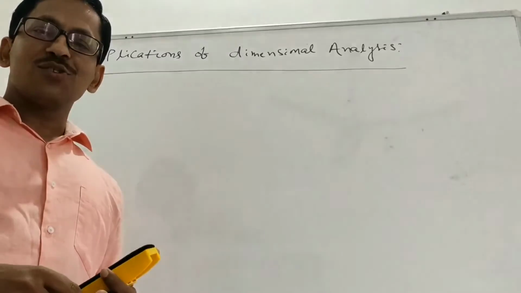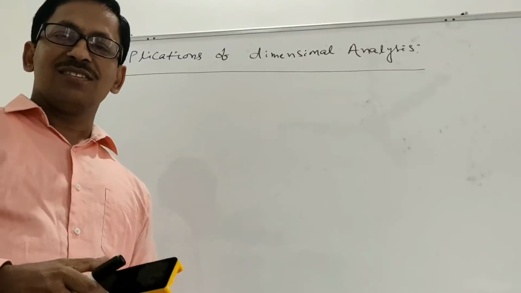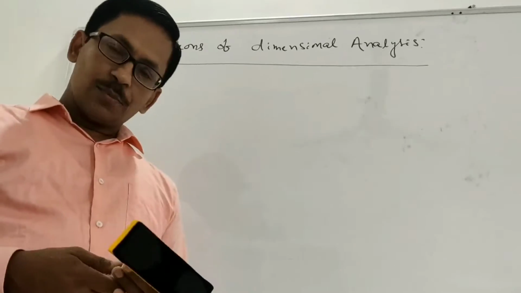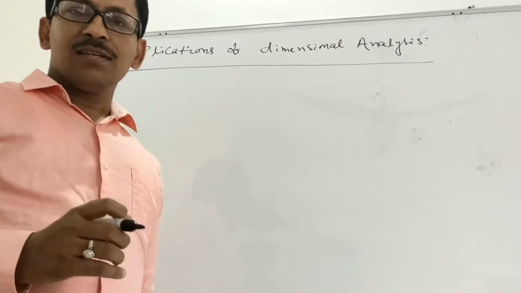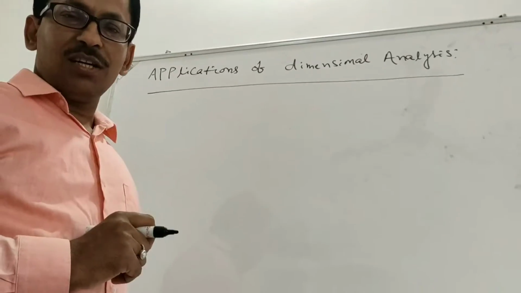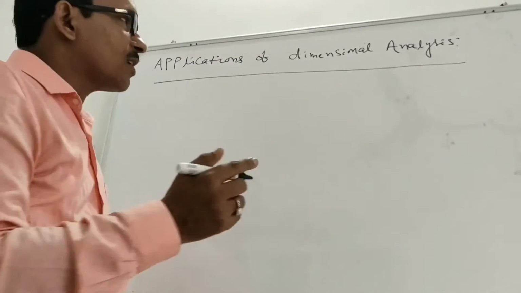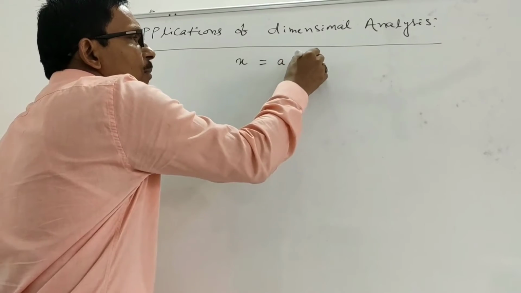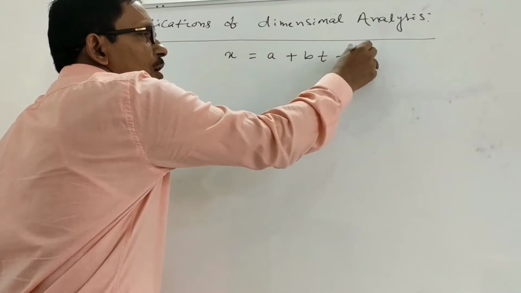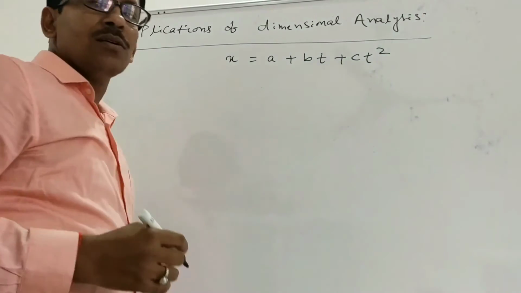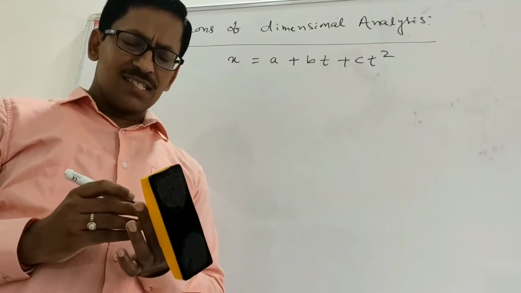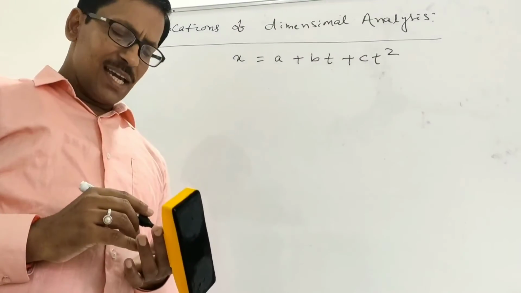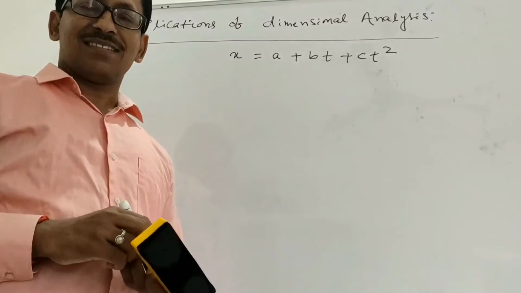Let us solve another question based on this first application. Suppose it is given the distance covered by a body varies with time by the relation x is equal to a plus bt plus ct square, where x is the distance, t is the time, and a, b, c are constants.